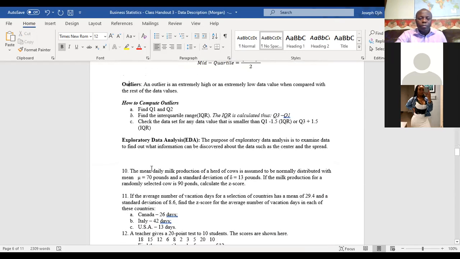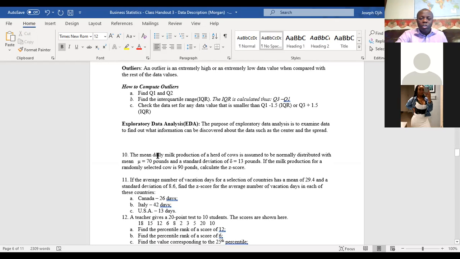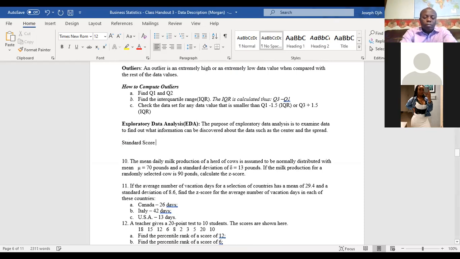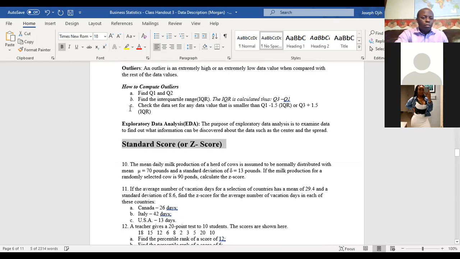Now let us start with the first example, which is the standard score. The standard score, or you can call it Z-score, like I explained before, tells you how many standard deviations the data value is away from the mean.